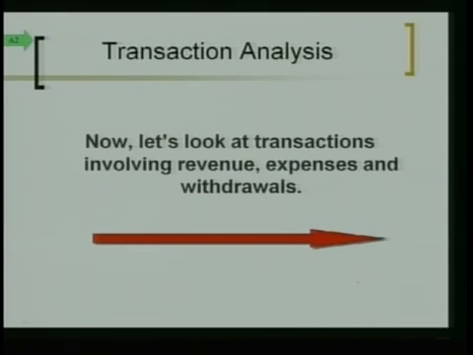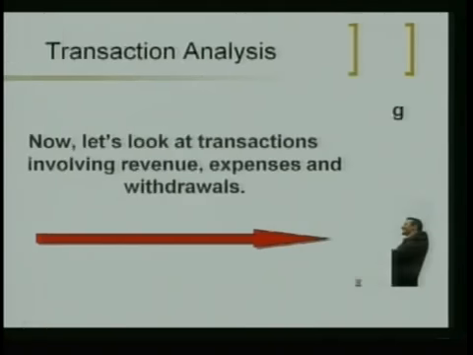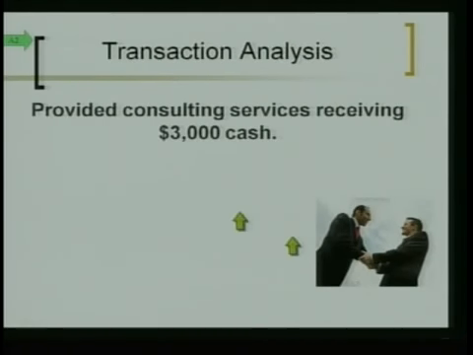Now let's look at some transactions involving revenues, expenses, and withdrawals. And I really want you to recall the quiz that you took. What are the 2 things that make owner's equity increase? What are the 2 things that make owner's equity decrease? So remember that. Okay, we provide consulting services and we receive $3,000 in cash.